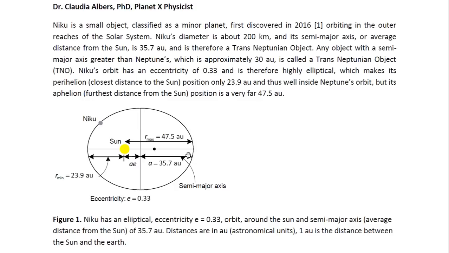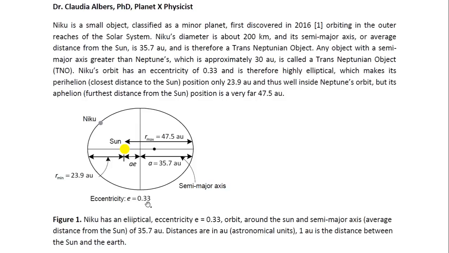This is the semi-major axis, the distance from the center of the ellipse to the edge. And this is the aphelion position, or the maximum distance. The Sun would be at one of the foci of the ellipse, and the distance from the Sun to the furthest position, which would be here, is 47.5 AU, whilst the perihelion position, which is the distance from the Sun to this position here, is only 23.9 AU.